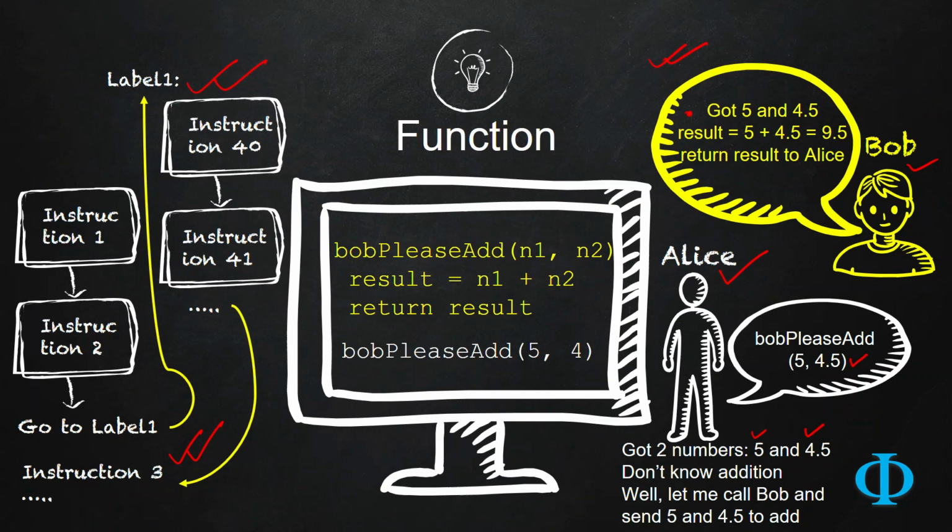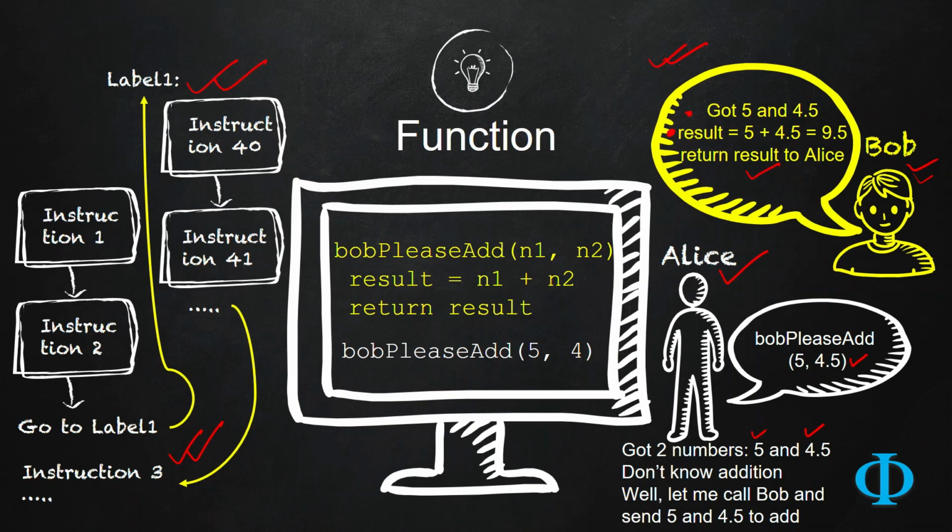Since Bob knows how to add, Bob calculated the result of 5 plus 4.5 and stored it in a variable called result, and then returned the result back to you, or Alice. That is exactly what is being done in a function. Here Bob is acting just like the way a function acts in a C++ program.